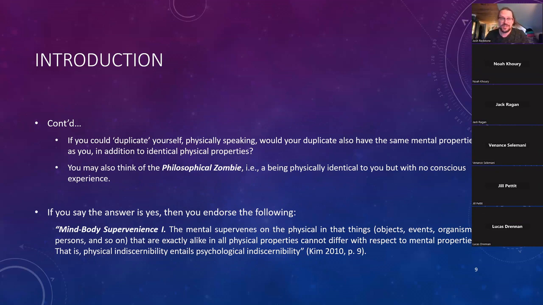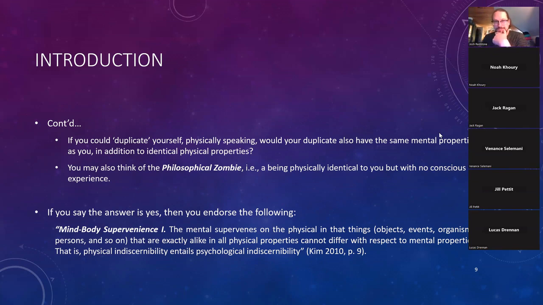If you say yes, then you probably endorse mind-body supervenience, the idea that the mental supervenes upon the physical. And by the way, you might have heard of this philosophical zombie thought experiment, which is related to transporter cases like the one we're considering here. A philosophical zombie is a creature that is physically identical to you, but which doesn't have consciousness.